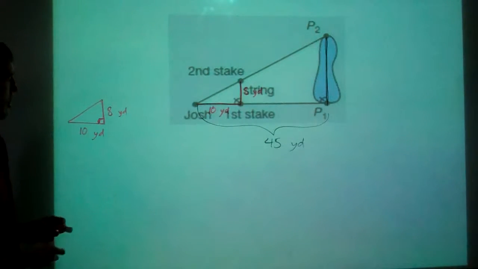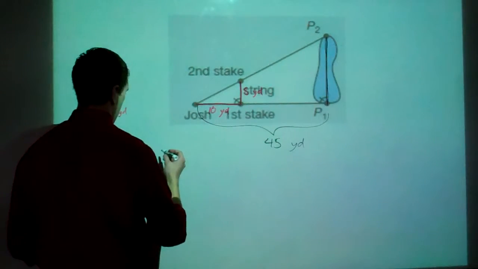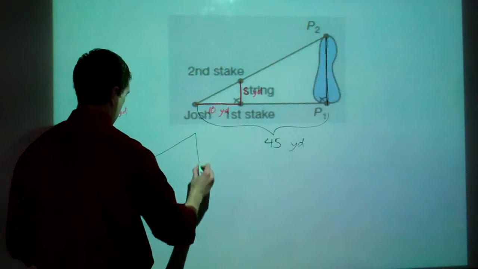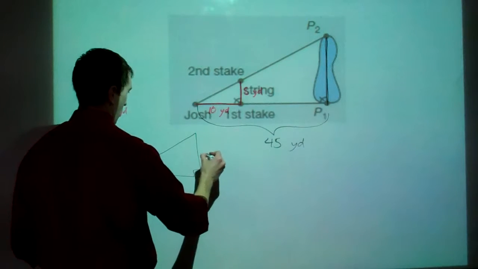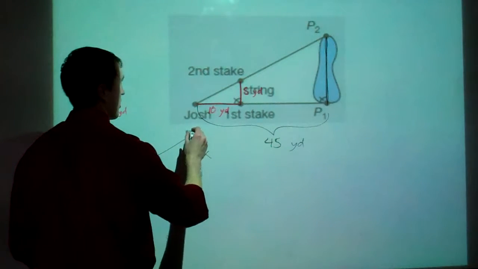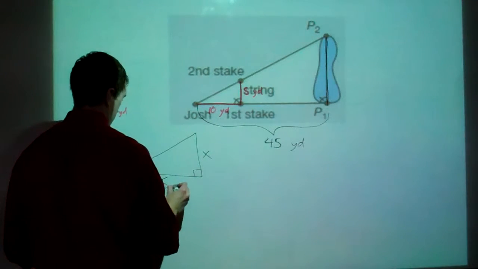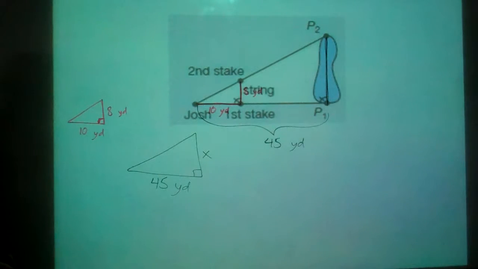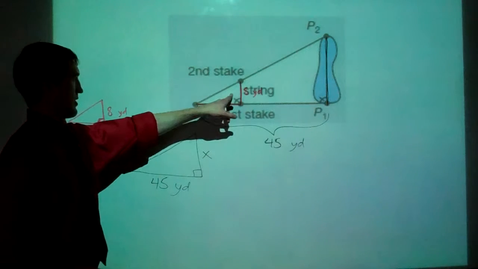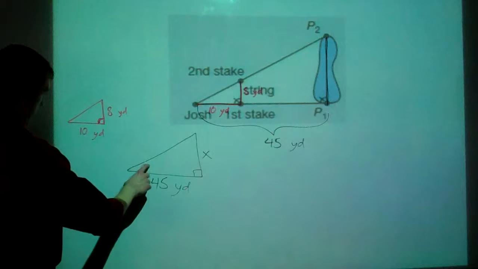And then we have the big triangle, okay, this one. And I won't draw it as big. Okay, we're looking for that distance, that's P1 to P2, and we know that this is 45 yards. Okay, so they are similar triangles because this one is inside of this big one right here. If I were to draw it in, it would be down here somewhere.